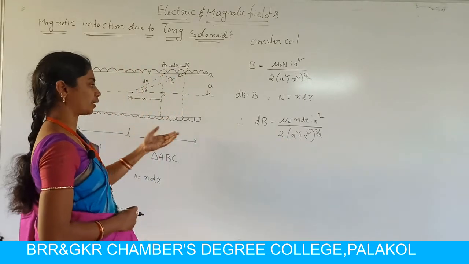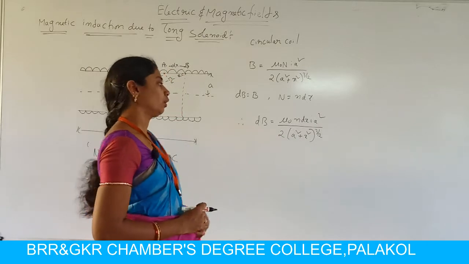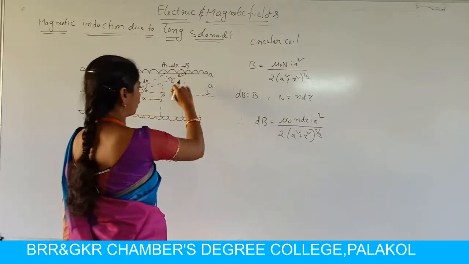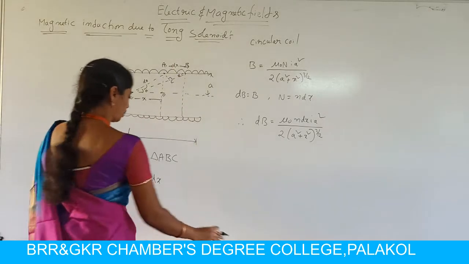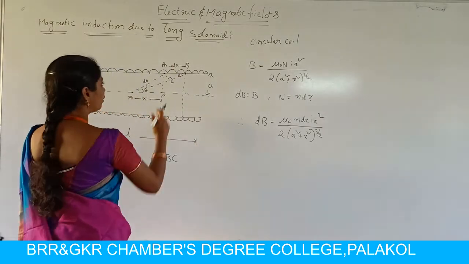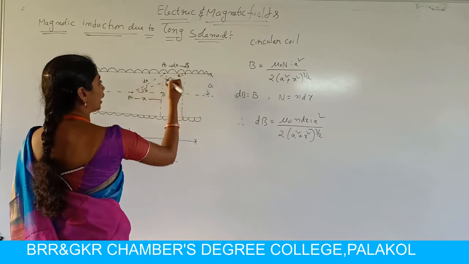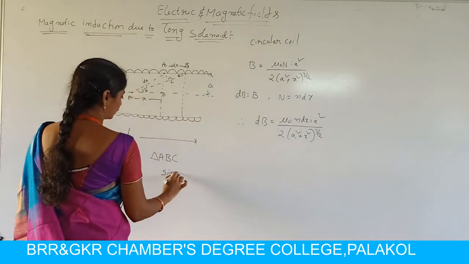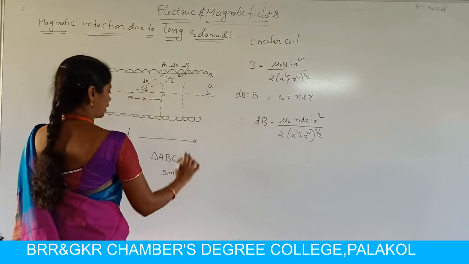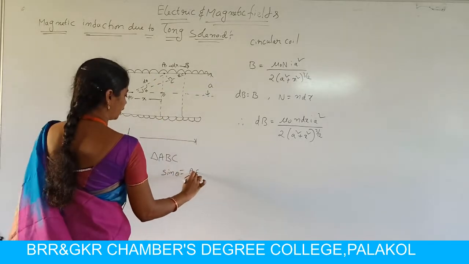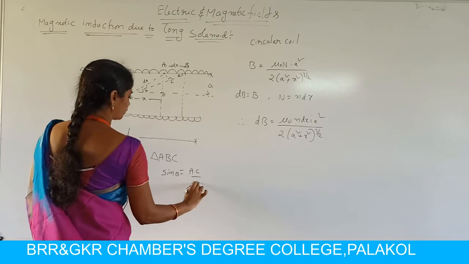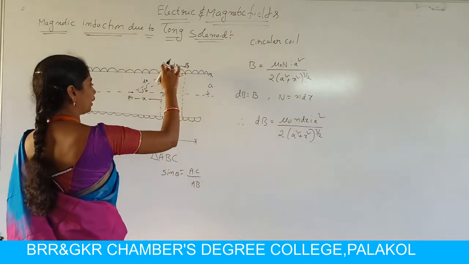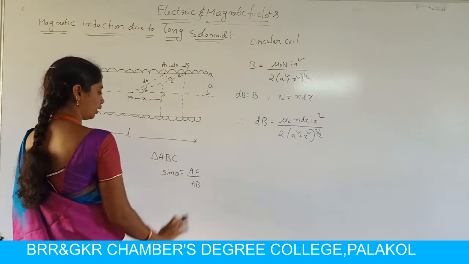From the diagram we can change the equation. Here in this diagram, triangle ABC is formed. From this triangle ABC, we can write the angle made here. So sin theta is equivalent to AC by AB, that is, the opposite side by the hypotenuse.